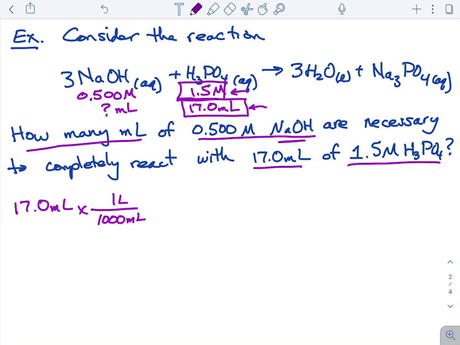What do I mean by that? So when you see 1.5 molar, that's the same as 1.5 moles of, in this case, phosphoric acid in a liter of phosphoric acid solution. The capital M is doing a lot of work, as they say, because it's actually telling us that this is kind of a hidden unit.